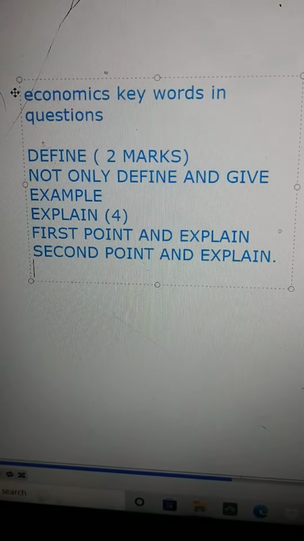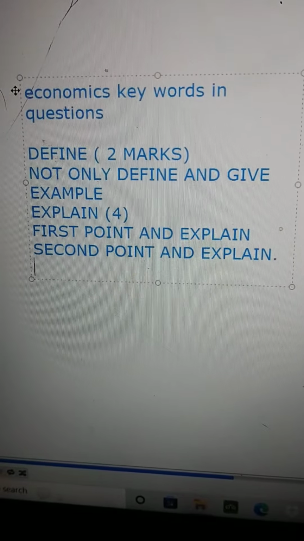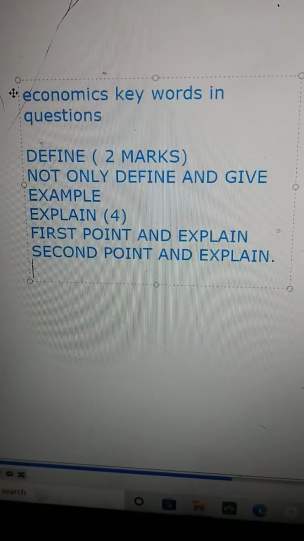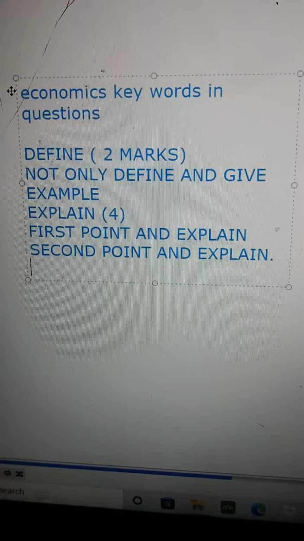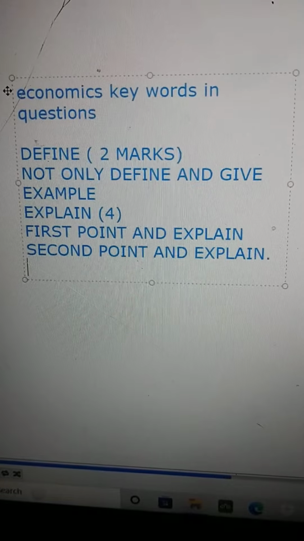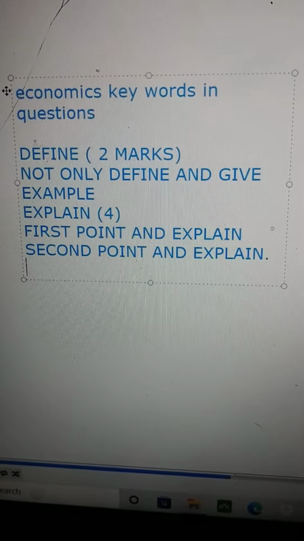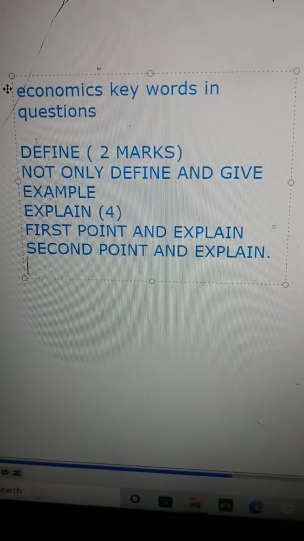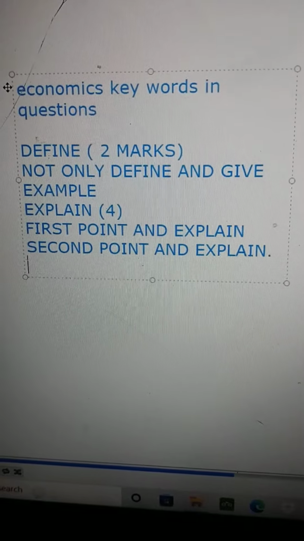Just think for the time being that the examiner doesn't know anything and you are providing the explanation to him. He doesn't know anything. So think in that way. Then you can explain the point in detail.